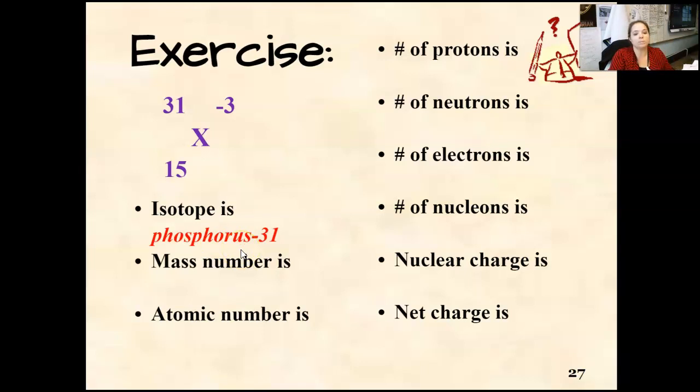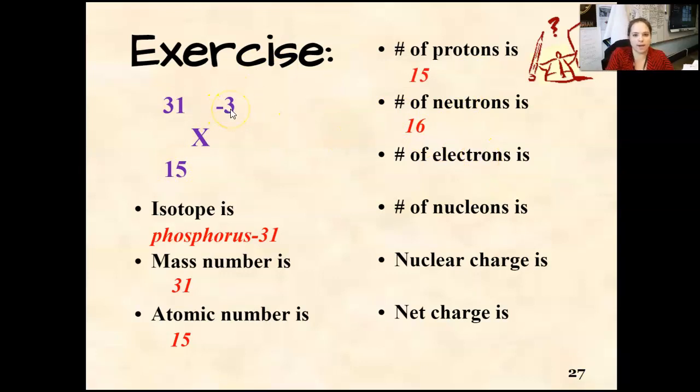Phosphorus-31, which means my mass number is 31. My atomic number is 15. How many protons does that mean? 15 is the atomic number, so it's my protons. Neutrons: 31 minus 15, 16.